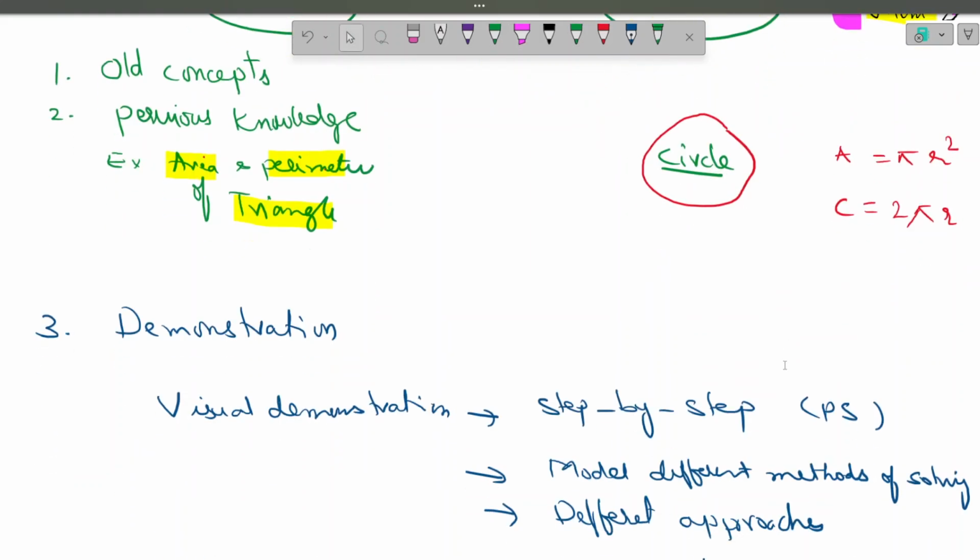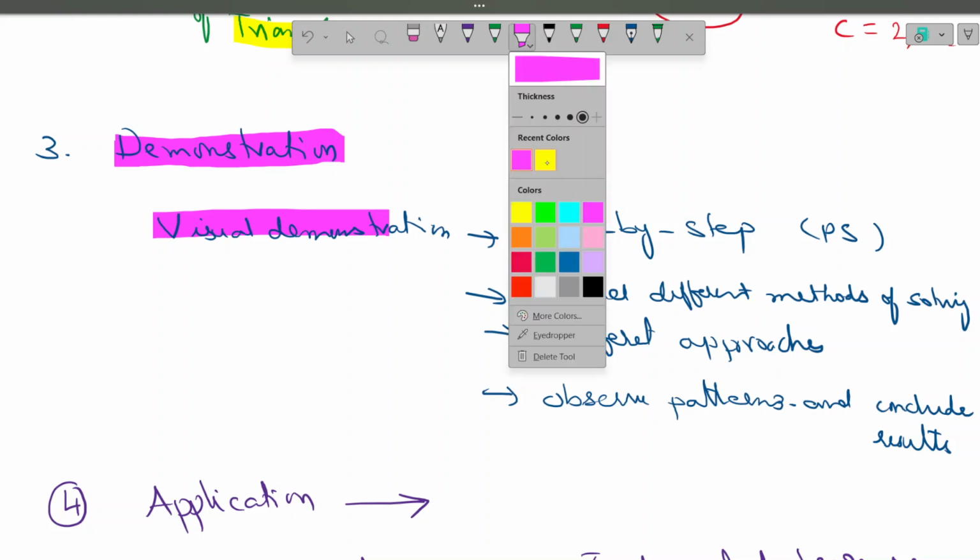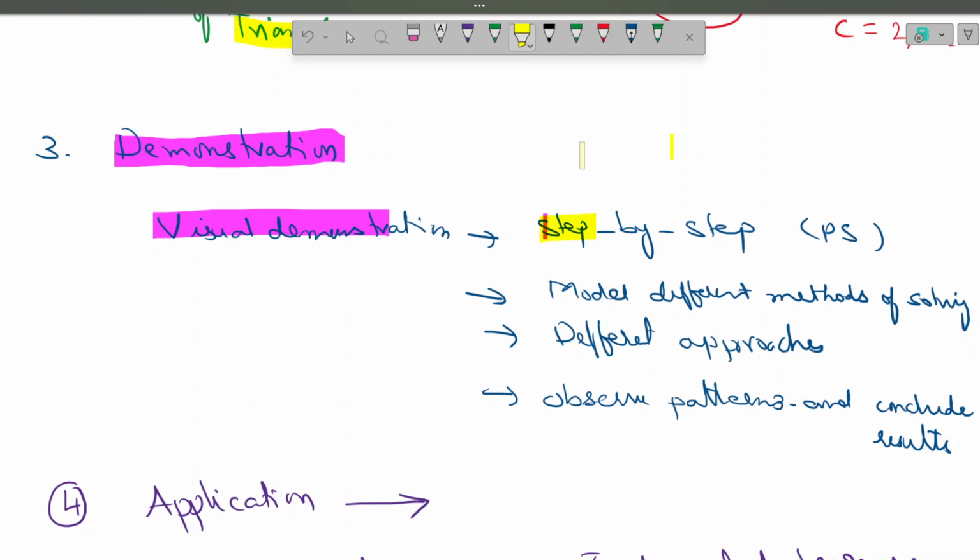Then the third thing comes under demonstration. The third instructional strategy is demonstration. How are you going to demonstrate? By visual demonstration, like solving a problem step by step. One problem is there, you show the steps of how to solve it, or a general method of solving a problem.